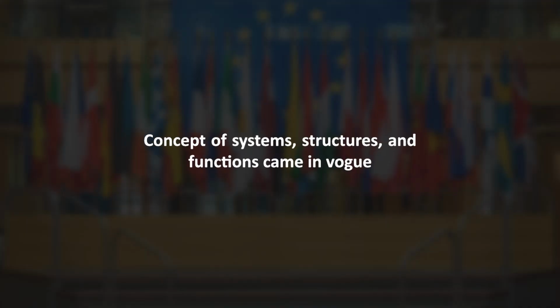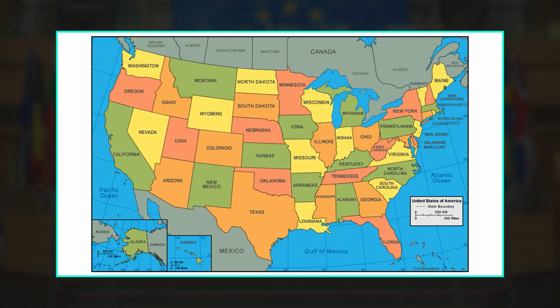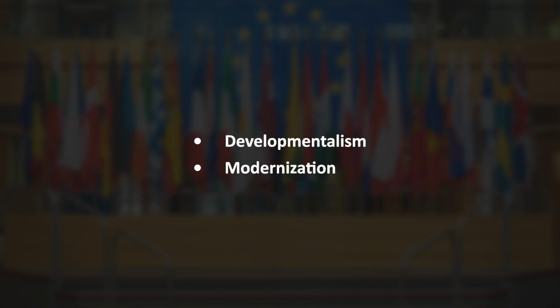The concern among comparativists changed at this juncture and shifted toward studying the diversity of political behaviors and processes which were thrown up, however, within a single overarching framework. The concept of systems, structures and functions came in vogue. These frameworks were used by Western scholars, particularly those in the United States, to study phenomena like developmentalism, modernization and so on.